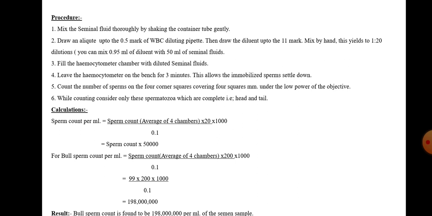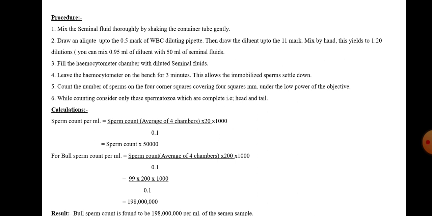Now coming to the calculation, you have to use this formula: sperm count per ml is equal to sperm count, within brackets the average of 4 WBC chambers, into 20, that is the dilution, into 1000, upon 0.1. 0.1 is the depth of the groove on the hemocytometer slide.